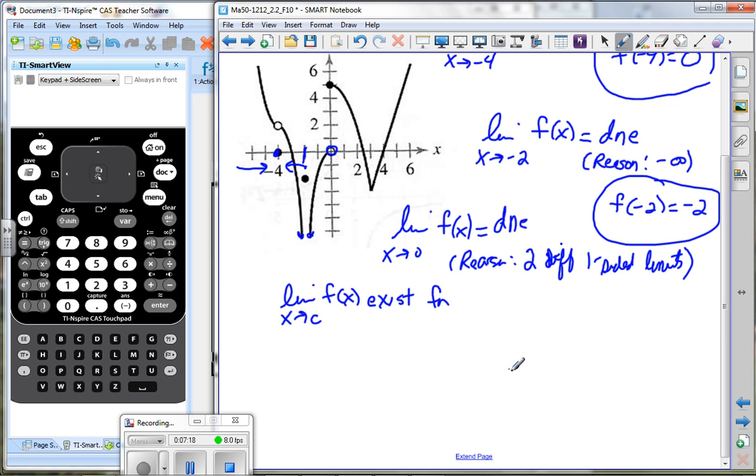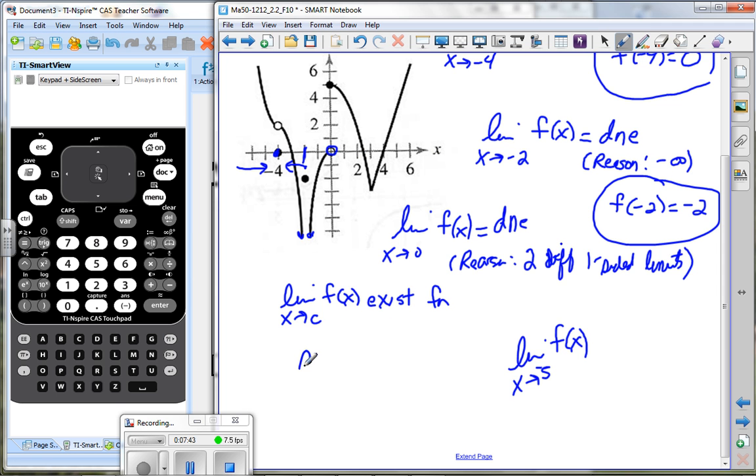Yeah, because what if I say, what's the limit as x approaches 5? Does the limit exist there? What about if I change that to negative 5? Does the limit exist there? How about 1/2? How about pi divided by 3? So actually the limit exists everywhere.